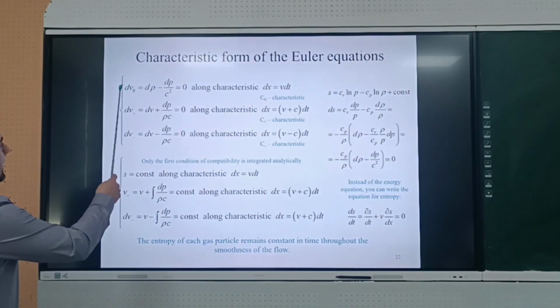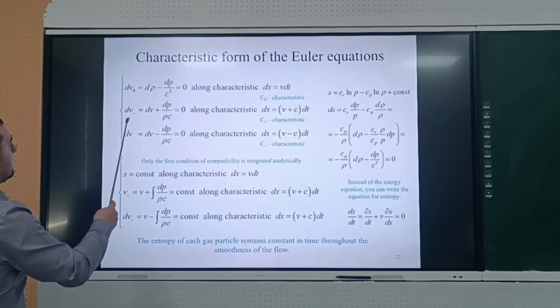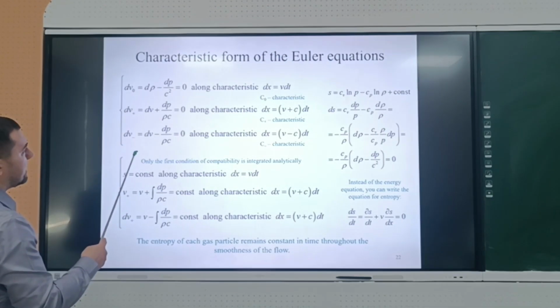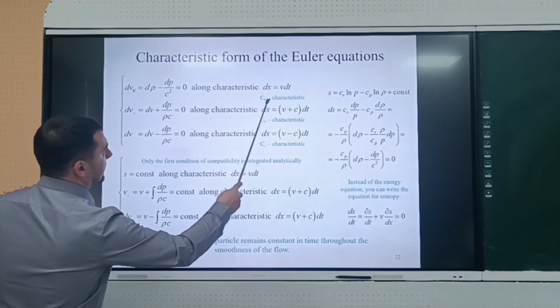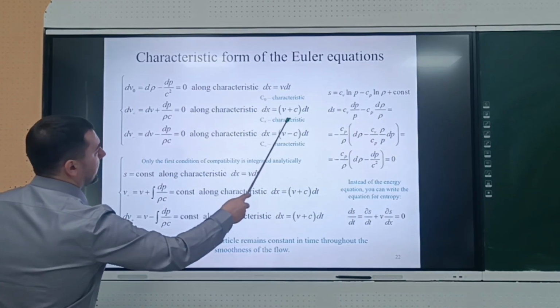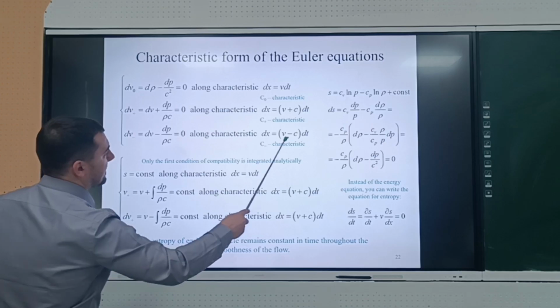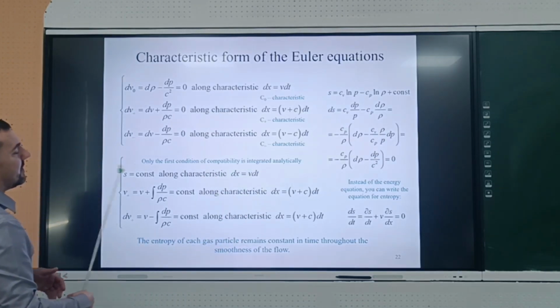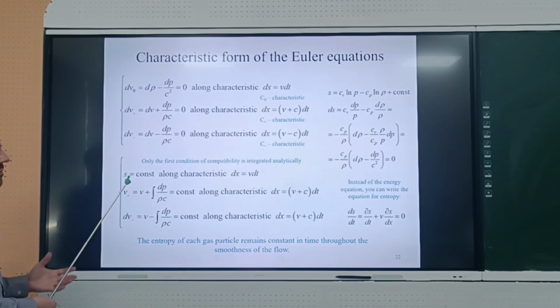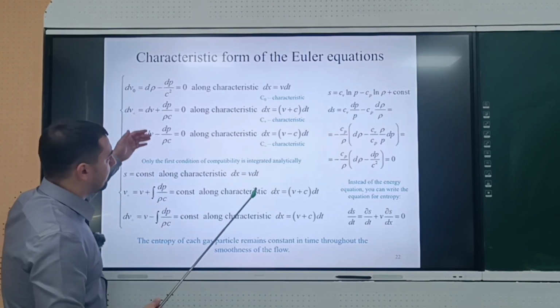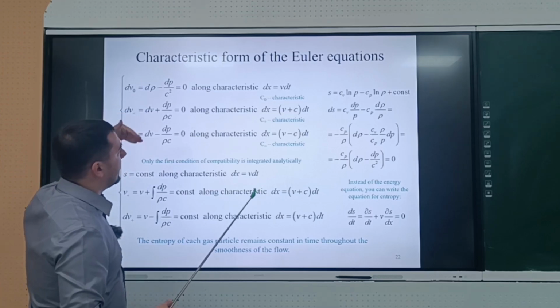We have three invariants, dV0, dV plus, and dV minus, and they should vanish along the characteristics dx over dt equals V, dx over dt equals V plus C, and dx over dt equals V minus C. So, just like in the linear case, we can formulate our equations as these three conditions.